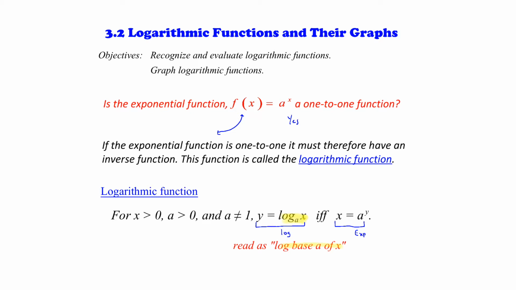And so we have a couple stipulations that we need to be aware of, where a is greater than 0 and cannot equal 1, which relates right back to the exponential. Your base has to be greater than 0 and cannot equal 1, otherwise it wouldn't be exponential. And then the x value, which is your output of your exponential, and we talked about the range being greater than 0.